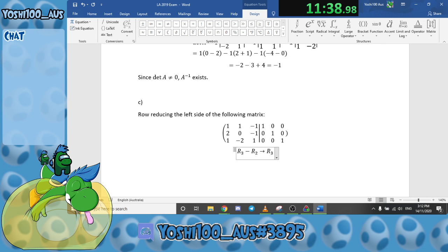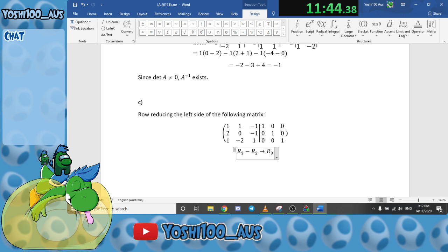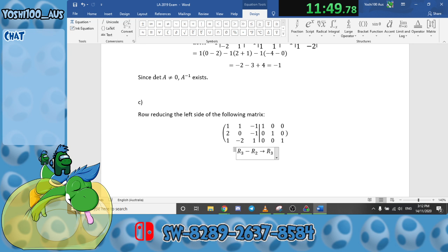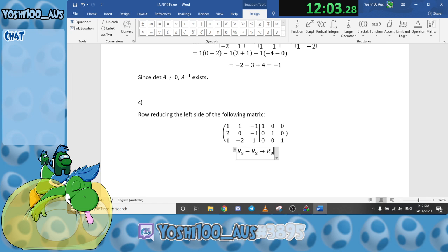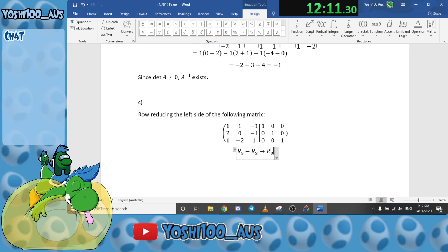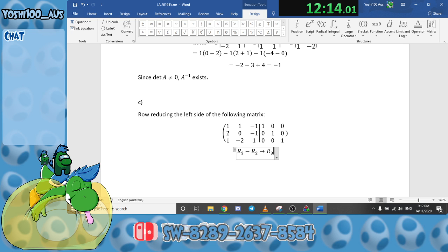R2 become R3. So now we're gonna get 1, 1, minus 1, 2, 0, minus 1. You get 0. Minus 3, 2, 1, 0, 0, 0, 1, 0. It's 0, minus 1, 1. Okay.